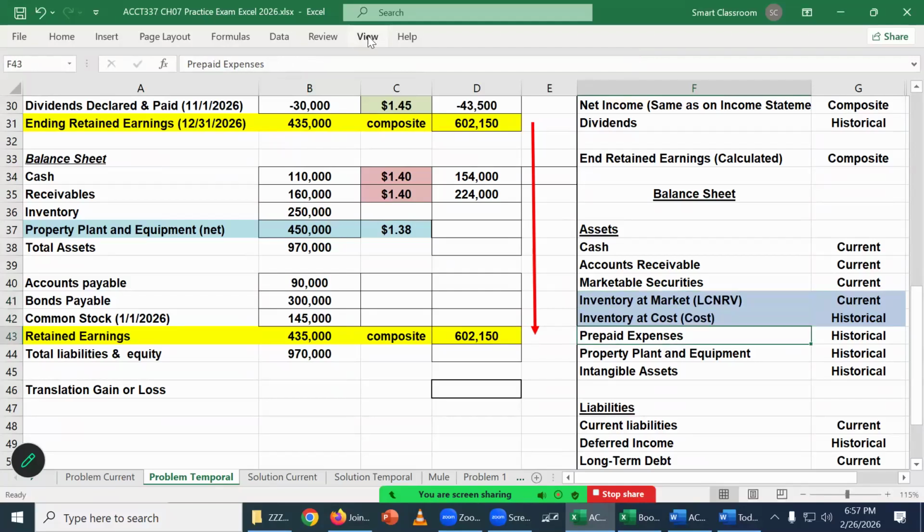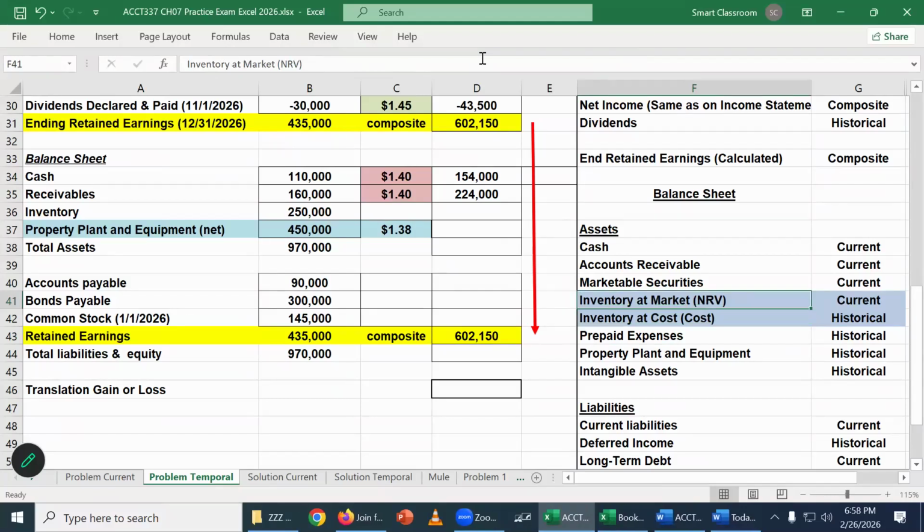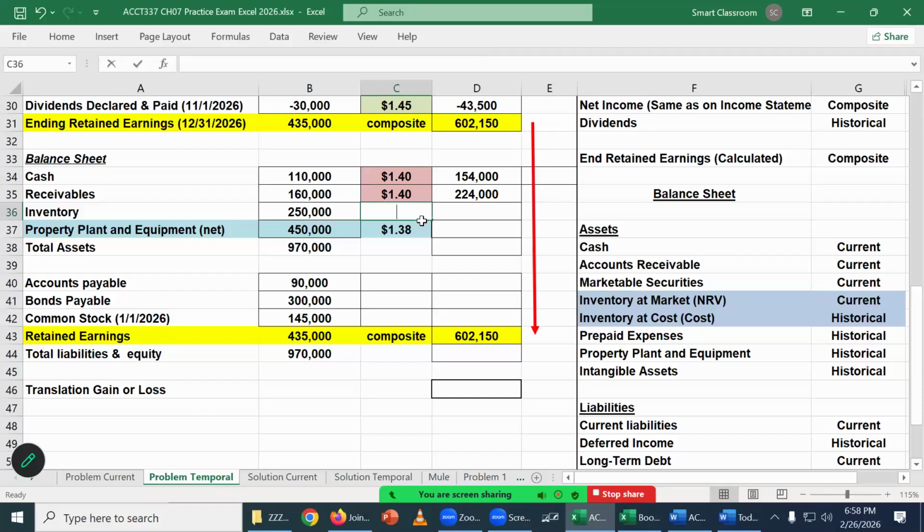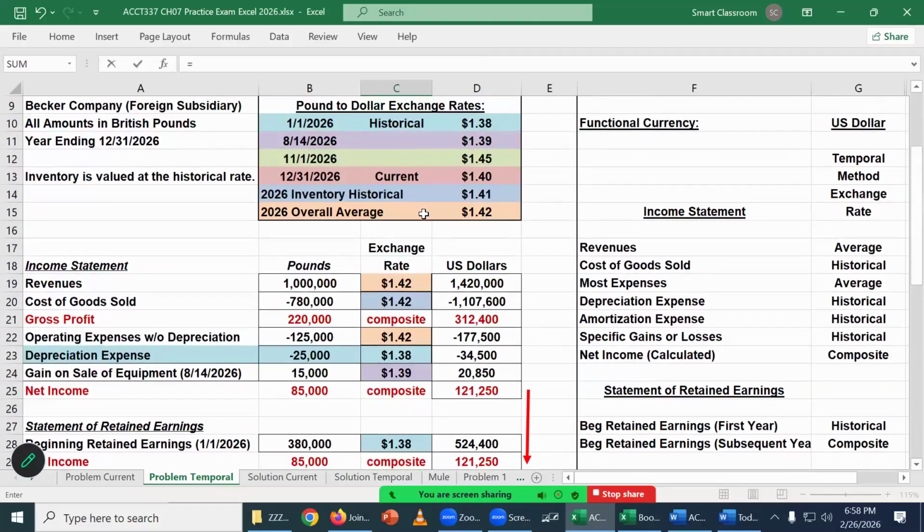So lower of cost or net realizable. I got this wrong. The rule is lower of cost. Any inventory that's at net realizable value would be at the current. Any inventory that's at cost would be at historical. But this is that lower of cost or net realizable value rule. We're going to assume everything here is at historical because, well, I'm kind of lazy. So that's why we're okay. So inventory would be 141.